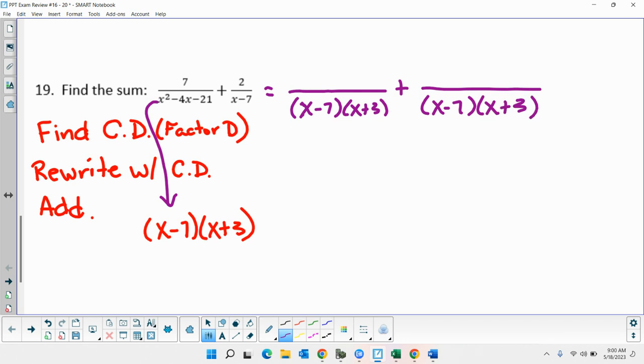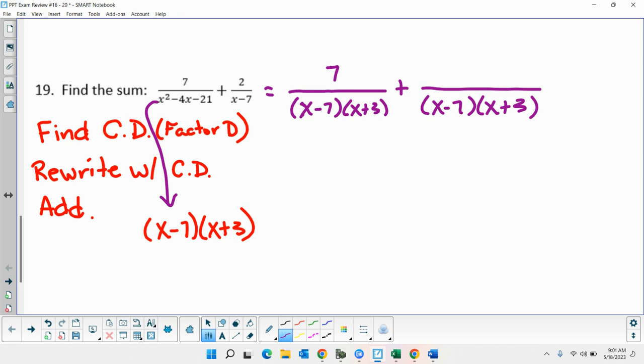Okay? Before we can add fractions, we have to have that common denominator. All right. So looking at the first fraction and the original denominator, is there any change? No. So do I do anything to that 7? No. That didn't change.